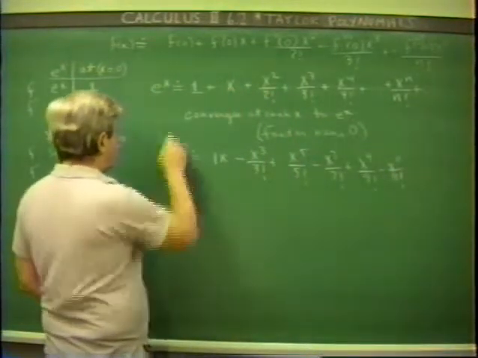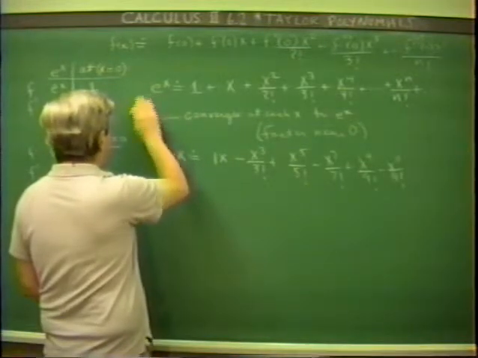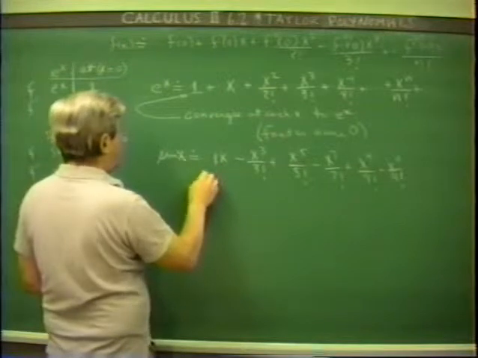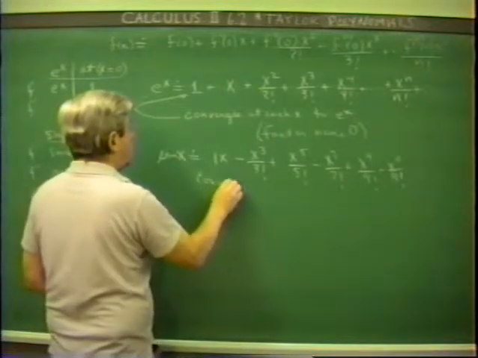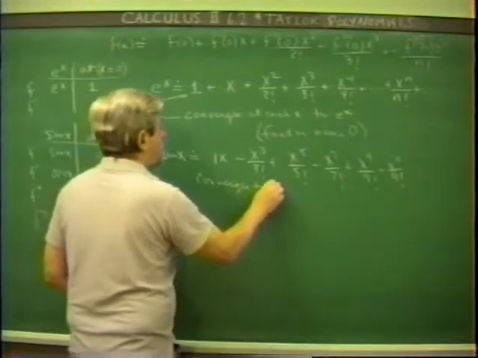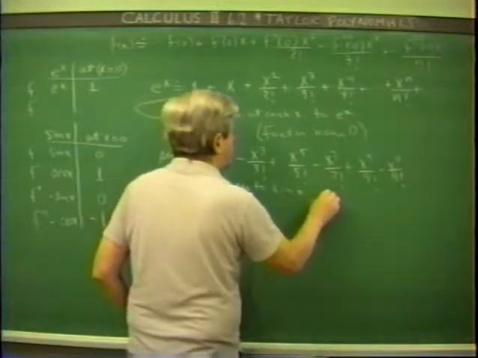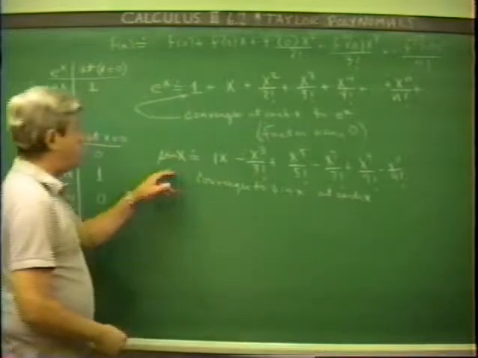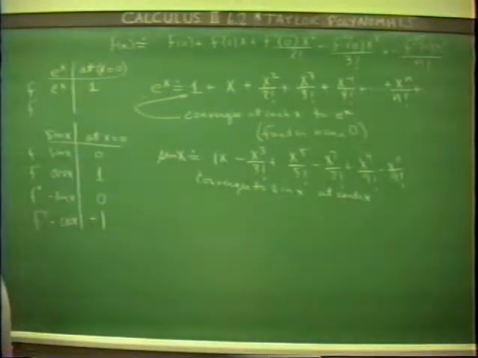Right? Well, this converges to sine x at each x. Again, faster near 0, because that's where the expansion takes place.